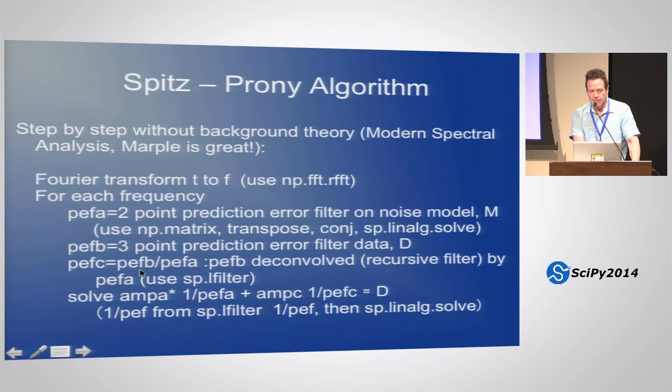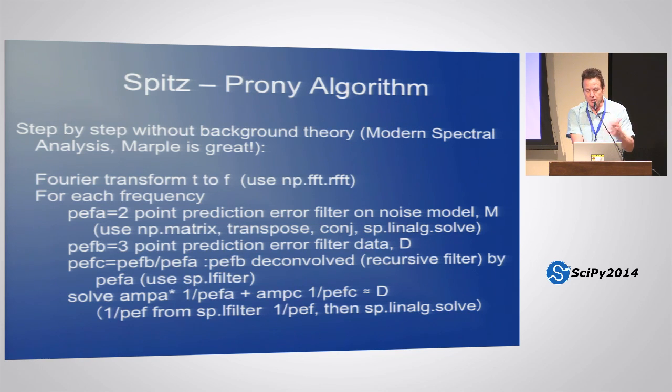Then he says deconvolve the 3-point filter with the 2-point filter, which is words for recursive filtering, what would be called in the documentation of the routines that I use in SciPy, lfilter.